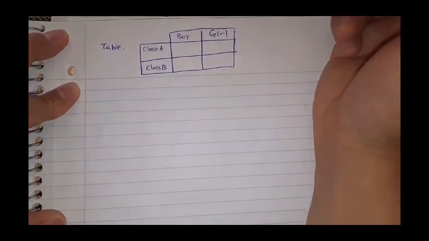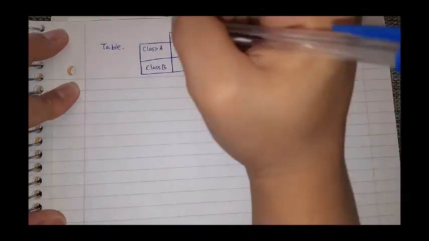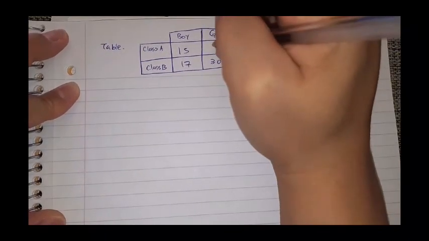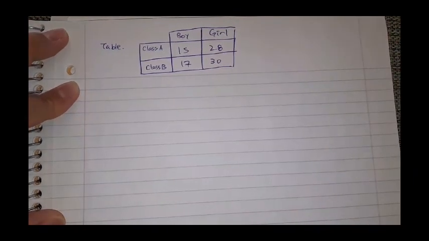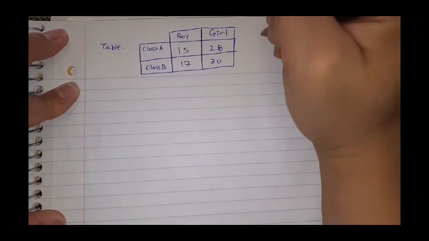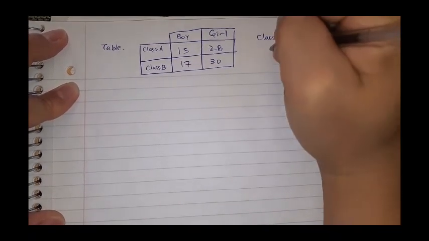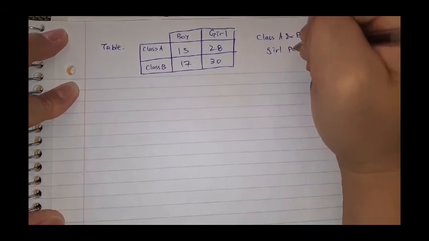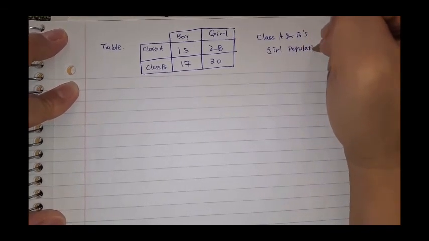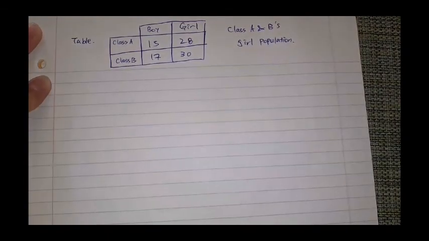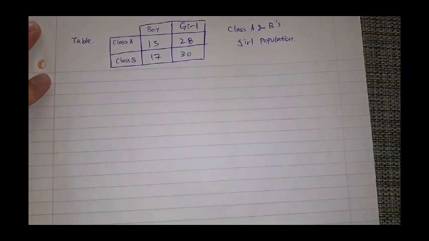I'm just really creating random stuff. Let's say we're comparing class A and B's girl population. Sometimes you have data, we don't have any clue in terms of fraction.